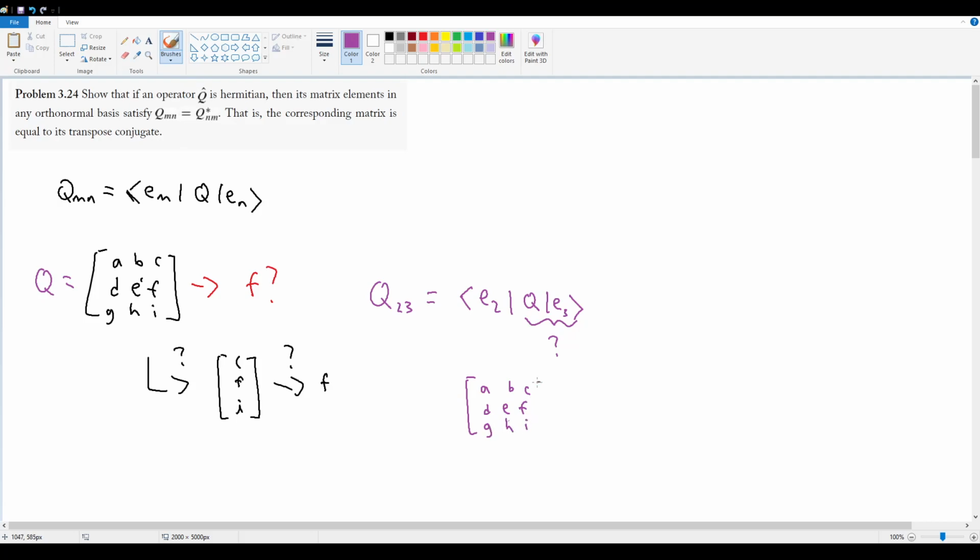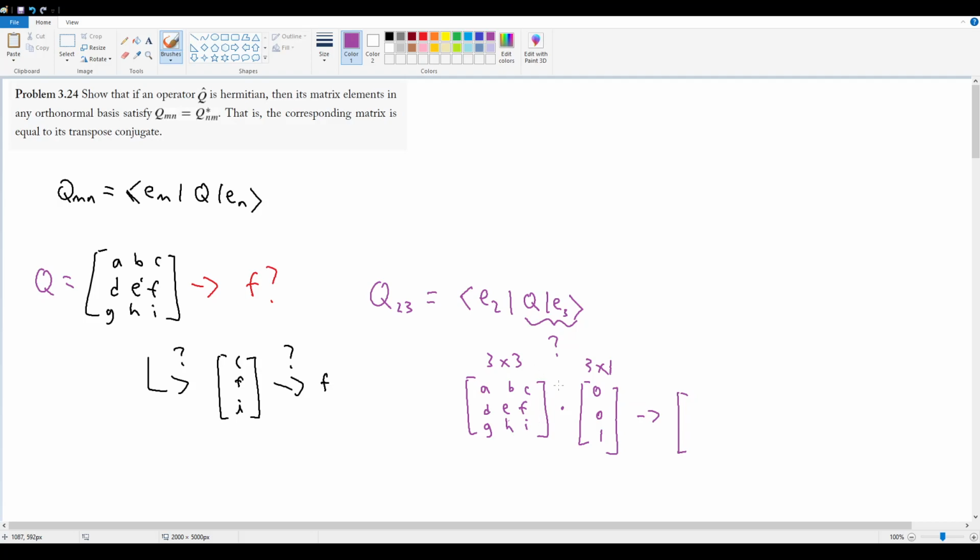If I'm taking this and multiplying it by basis vector 3, which is 0, 0, 1, well, if this is a 3x3 and this is a 3x1, what that means is that my resulting matrix is going to be a 3x1.